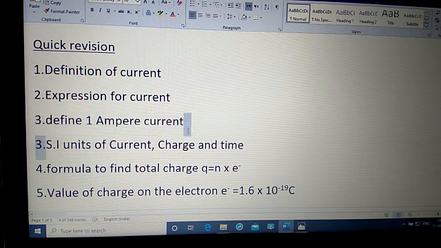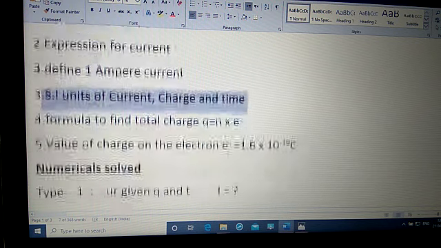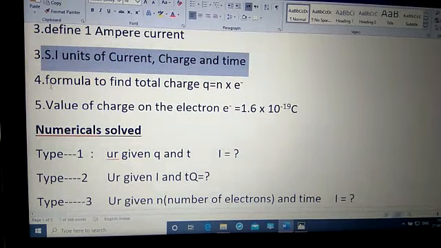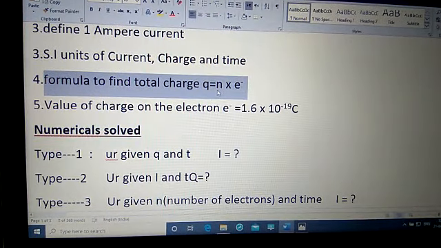Next, a very important question, the SI unit of current, charge and time. The SI units of current, charge and time are ampere, coulomb and second respectively. Next, we learned the formula to find the total charge passing through a conductor.